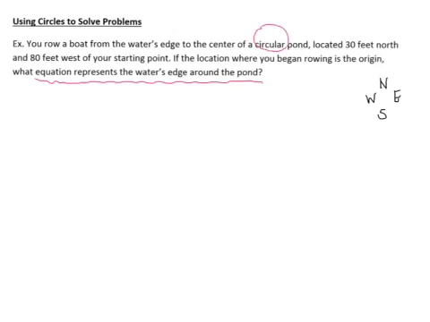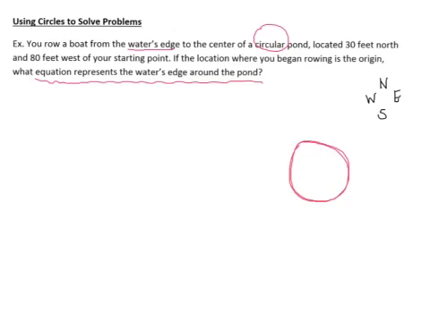So if we have a picture of our pond, I guess, and it says we're at the water's edge, so we're along our circle, right? We're on a point of our circle. It says if the location where you began rowing is the origin.